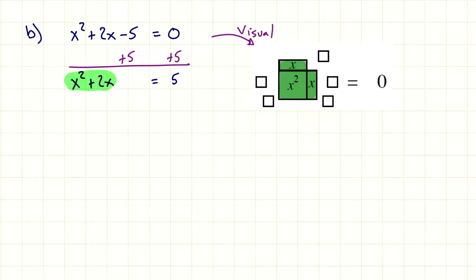In order to complete this square, I need one little square, so I'm going to add 1 to both sides. That's our magic number. Let me simplify this: x squared plus 2x plus 1 equals 6.